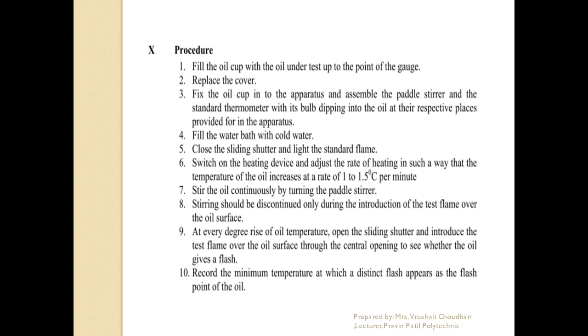At every one degree increase in temperature, we open the sliding shutter, introduce the test flame over the oil surface, and check whether the given oil gives a flash or not. We record the minimum temperature at which a flash appears at the surface of the lubricating oil.